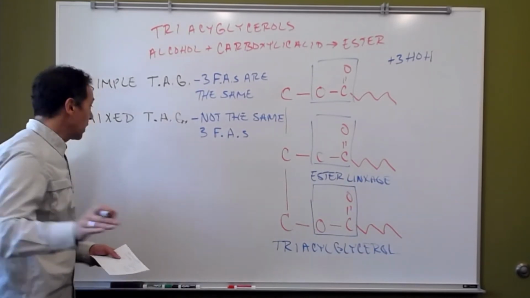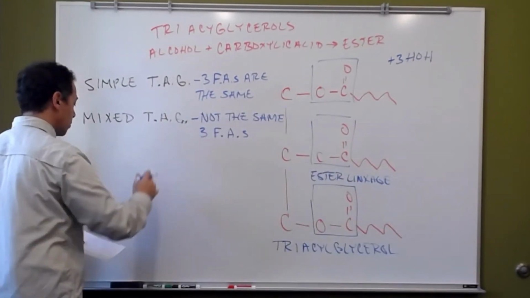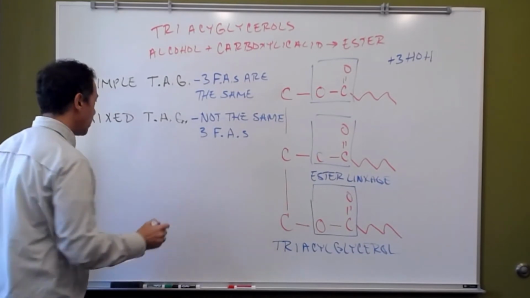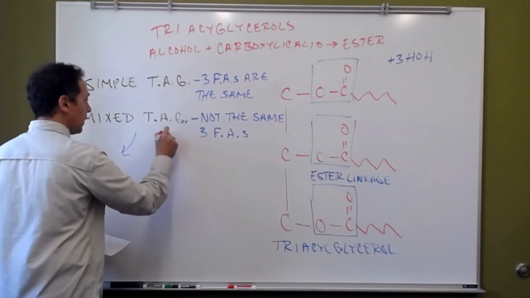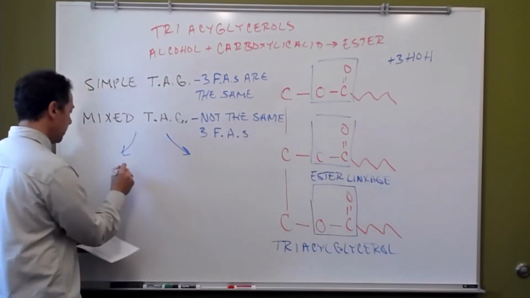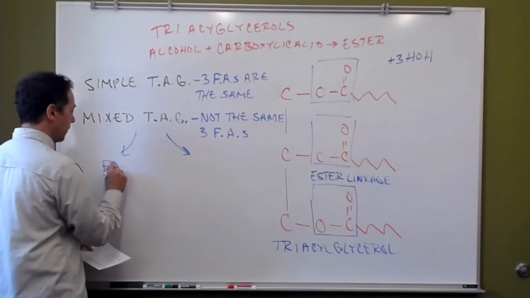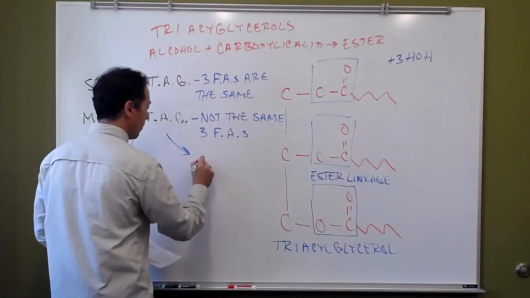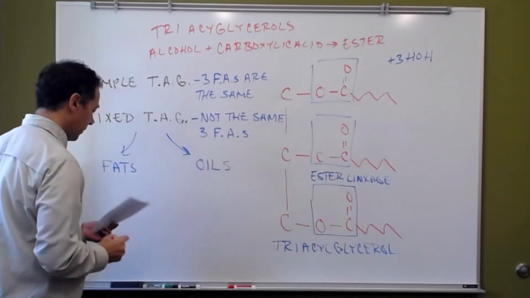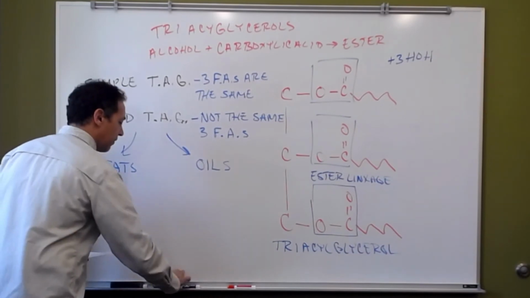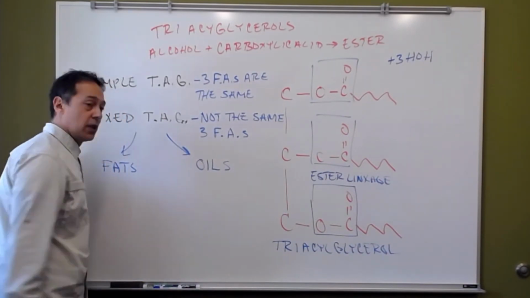Now in our mixed triacylglycerols, we have a couple of different types here. We have fats and oils. So I'm just going to call these here fats, and we have oils. All right, fats and oils. And what makes a fat, and what makes an oil?